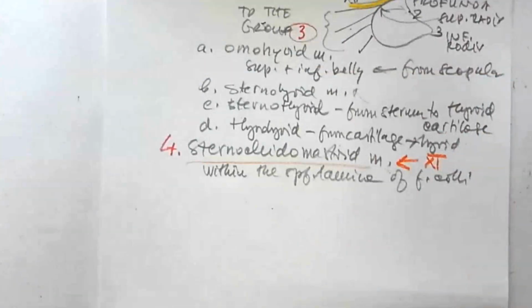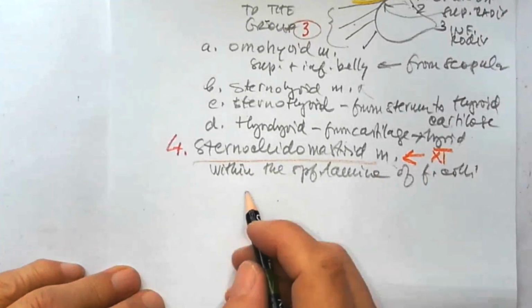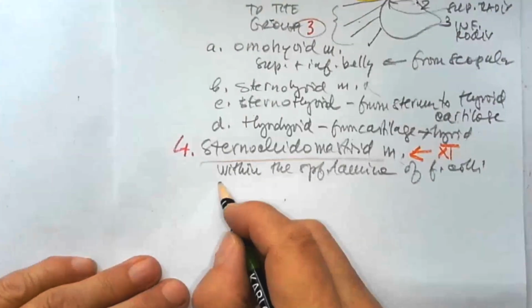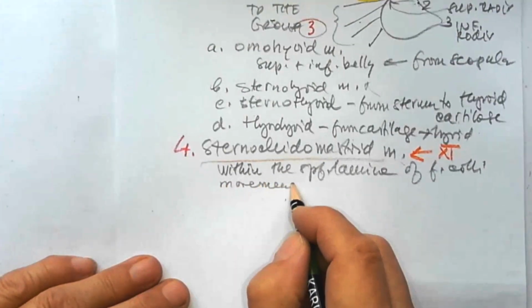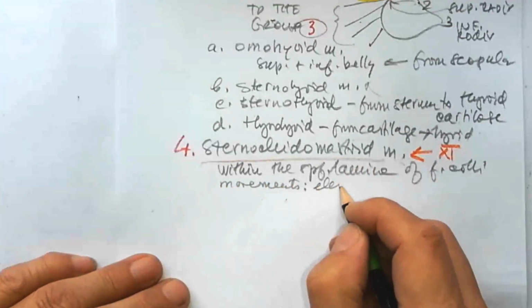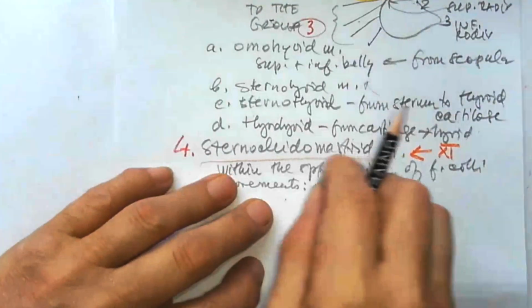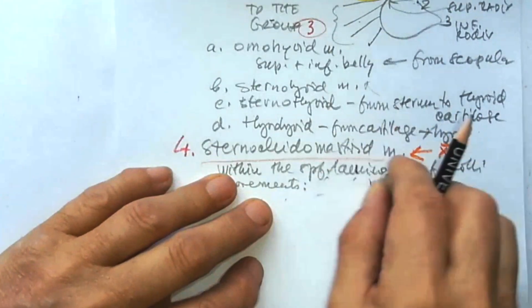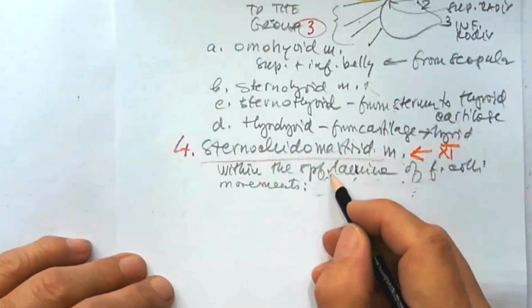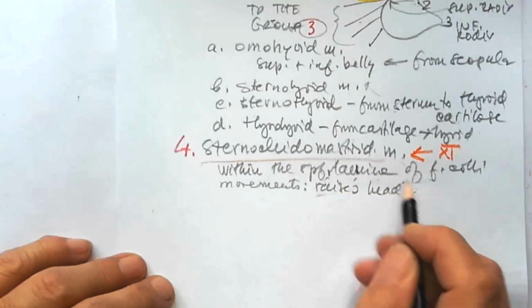On the back side is the punctum nervosum, as we said, the sensory nerves point. The movements are the following. It's an elevator of head, it raises the head.